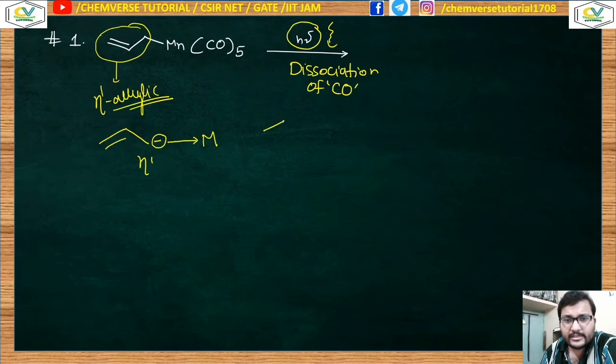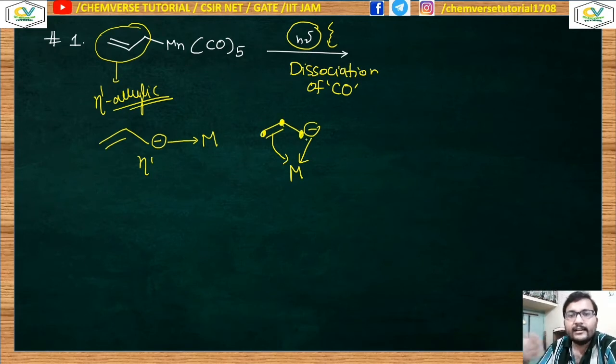Now there is a possibility that along with this negative charge, this pi electron is also donating electron density to the metal center, and thereby the three centers of this organic ligand are involved in the bond formation, or the electron donation. So the hapticity over here is 3.